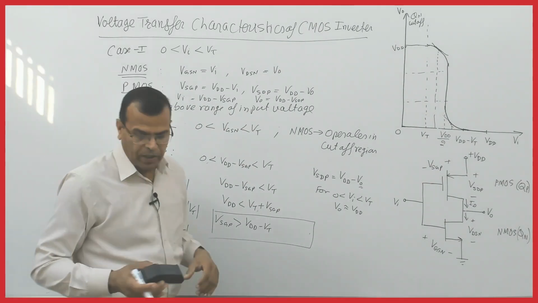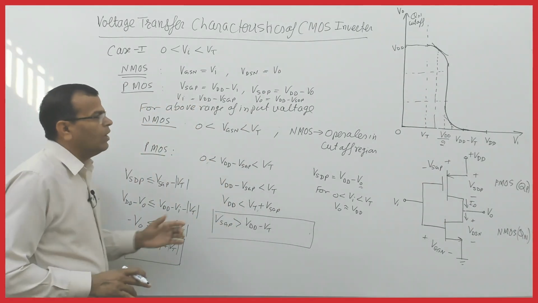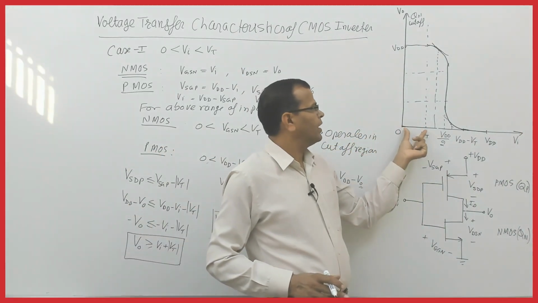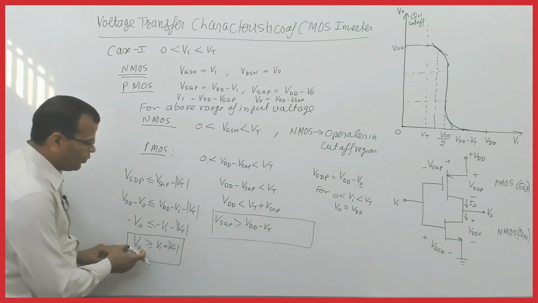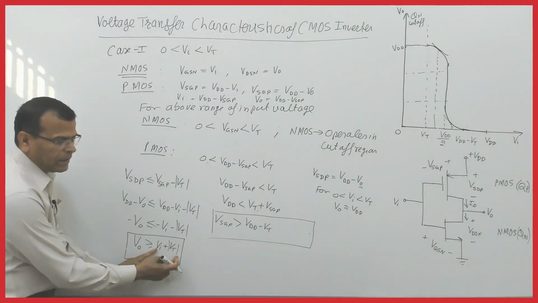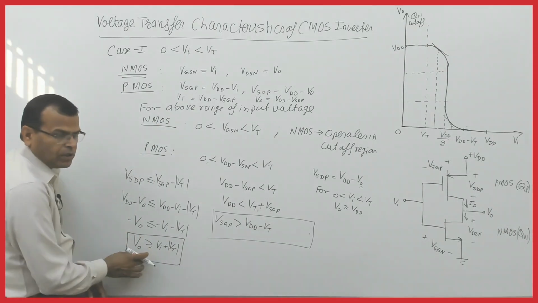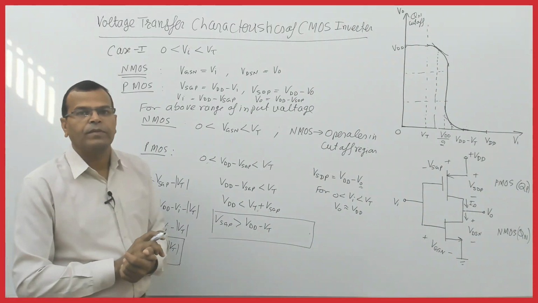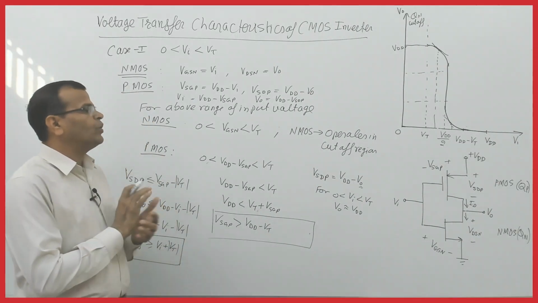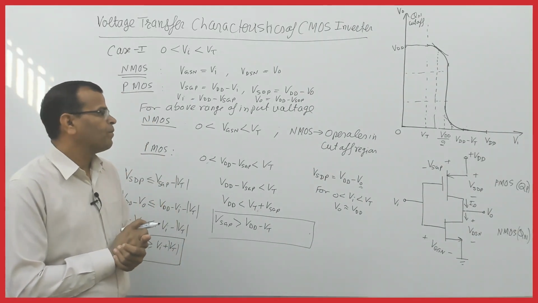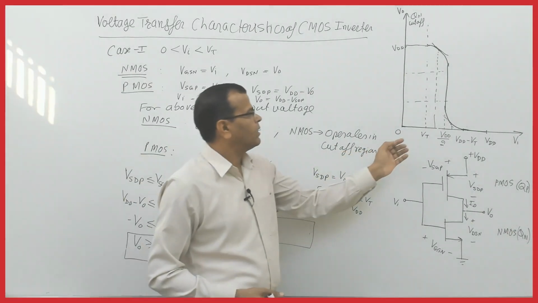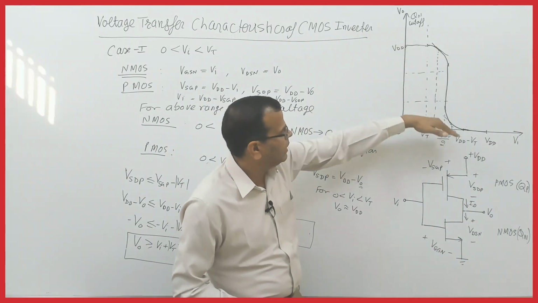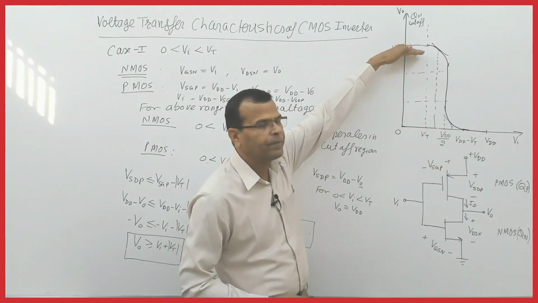Now, the interesting point here is, for this range of input voltage, the output voltage is this. It means it is more than twice the threshold voltage. So this voltage is high.